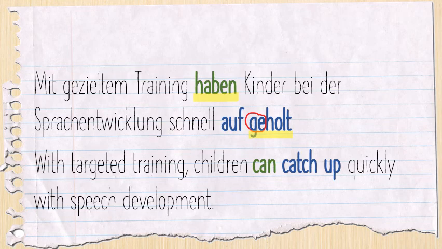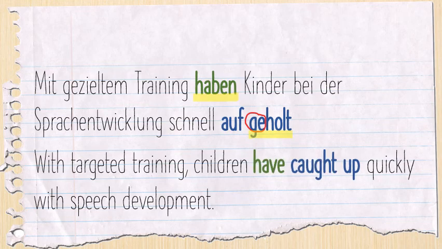Now we do the same thing in English for this. So we put have in there as the conjugated verb now, and then we change catch to caught to make the expression caught up, and caught, of course, is the past participle. It's also just the past tense, but it's the past participle of to catch, and caught up is the past participle of to catch up.